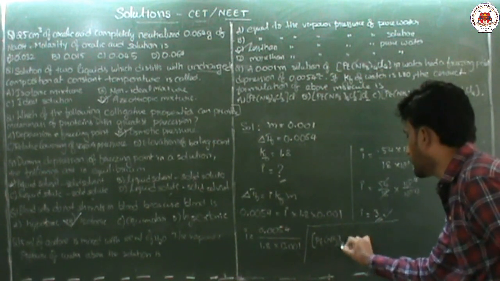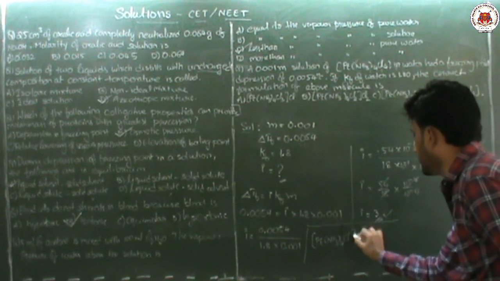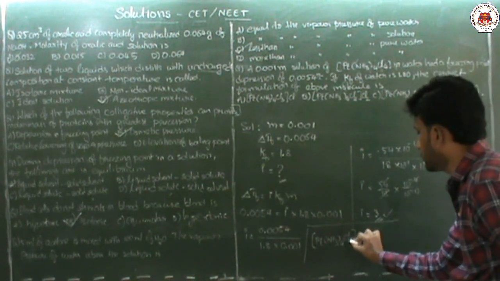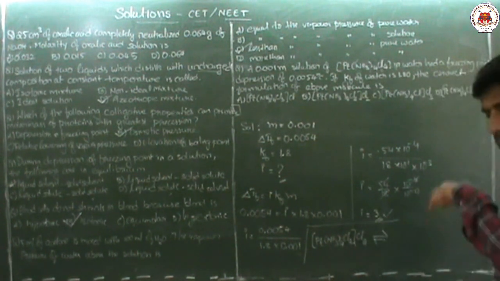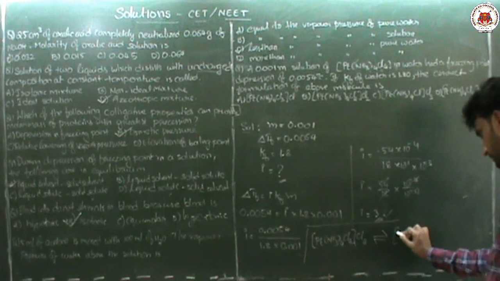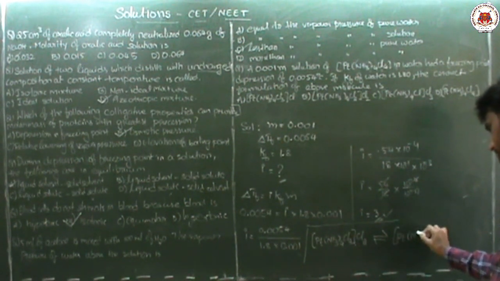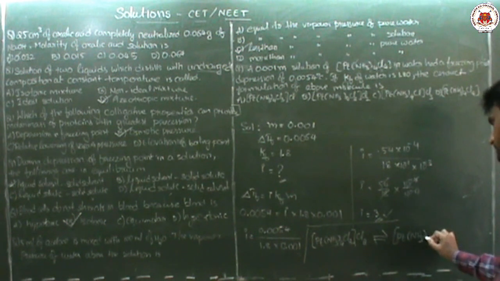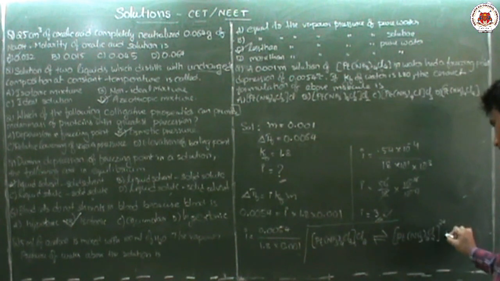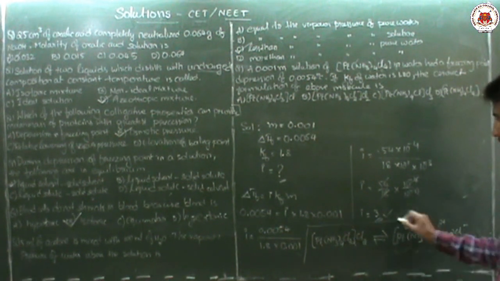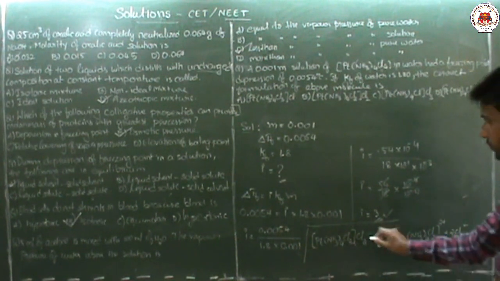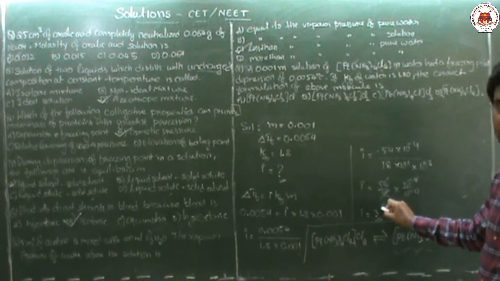Platinum NH3 taken for Cl2 gives a 2 plus ion and 2 chloride ions. So this is 1 ion and this is 2 ions, totally 3 ions are produced. So 2 chlorines must be outside, so the i factor is 3.